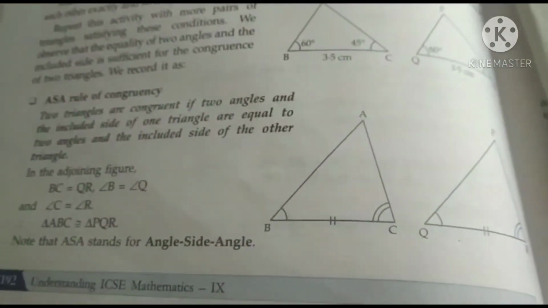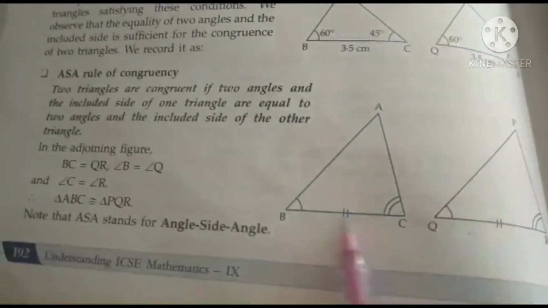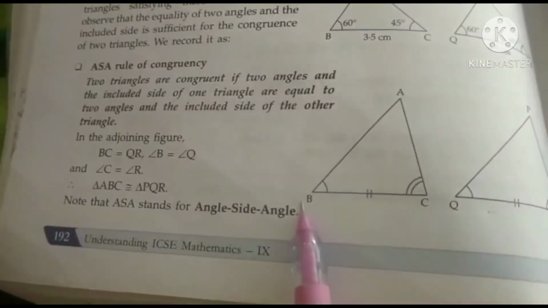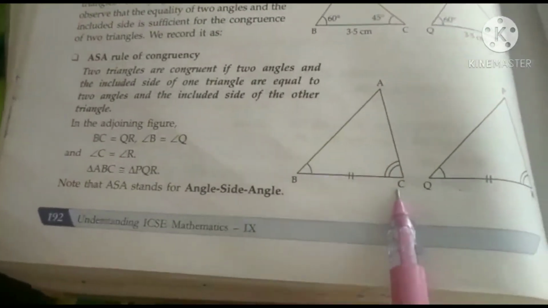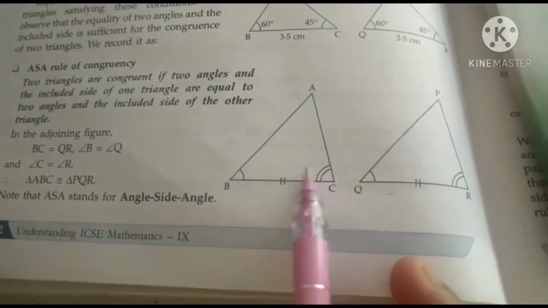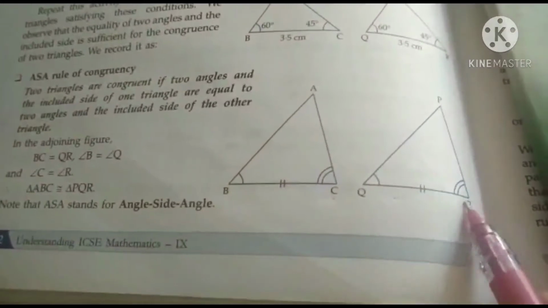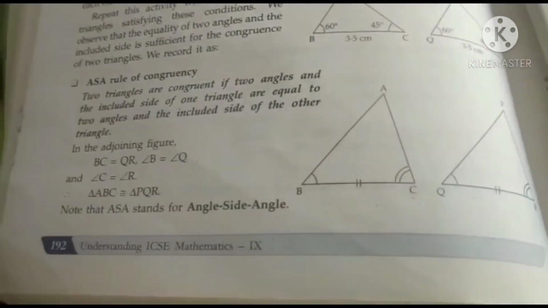So we can say that this is an ASA rule of congruency question, because angle B and angle Q are equal, side BC and QR are equal, and angle C and angle R are equal. So this is the ASA rule of congruency.